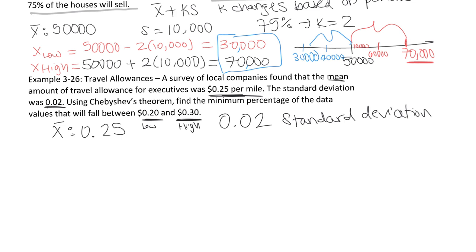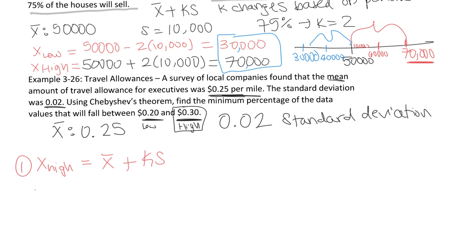Okay, so I'm going to do this in red. So we'll start with the high. So remember, the high is equal to the average plus KS. The high in this case is 0.30. So this is my high.